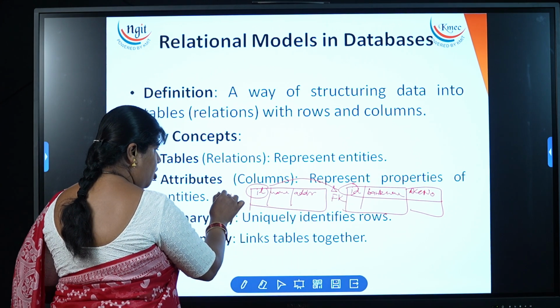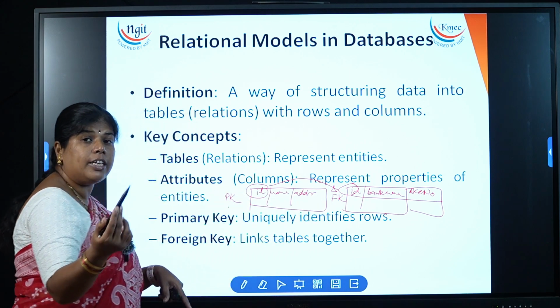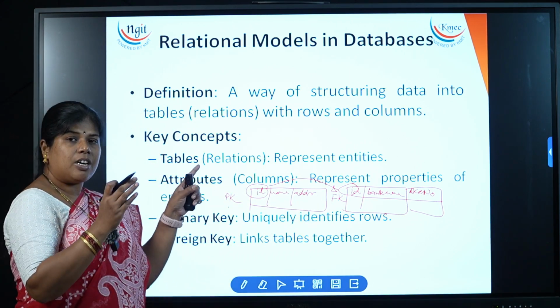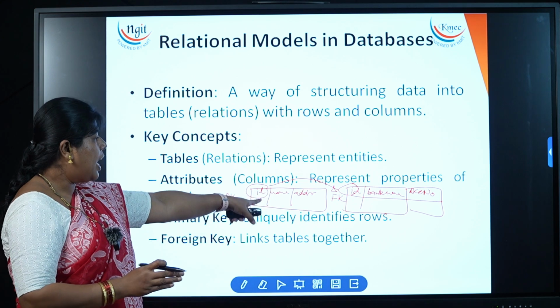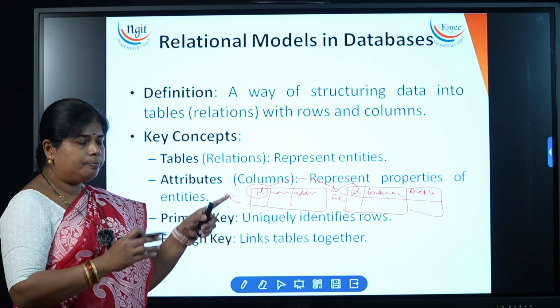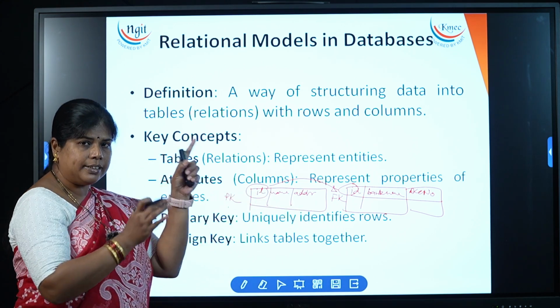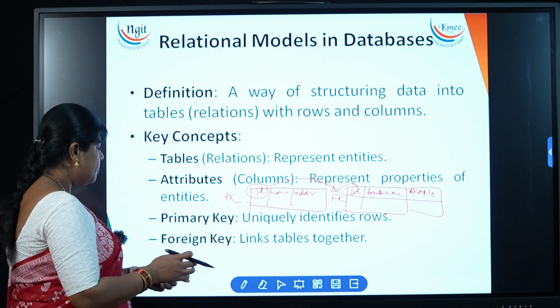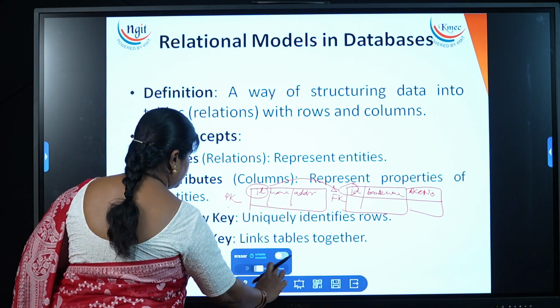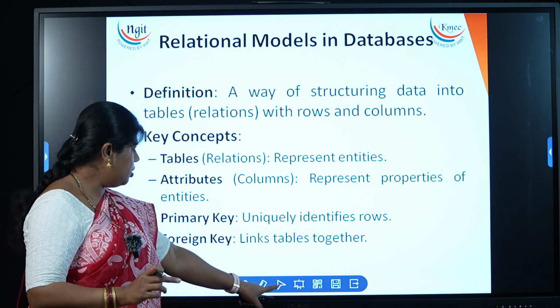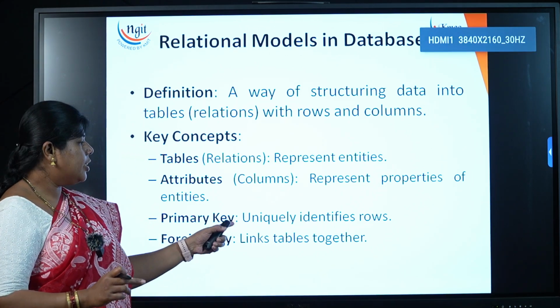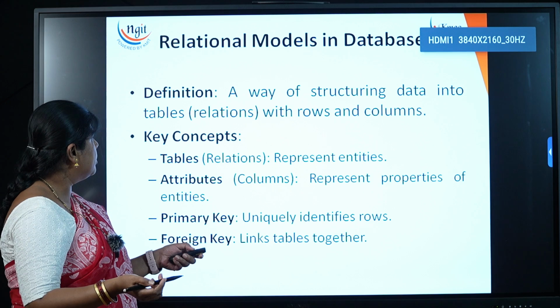So the primary key of one table is becoming the foreign key in another table, and because of this foreign key only, I am able to join the customer table and the account table. So the foreign key will help me link the tables together.